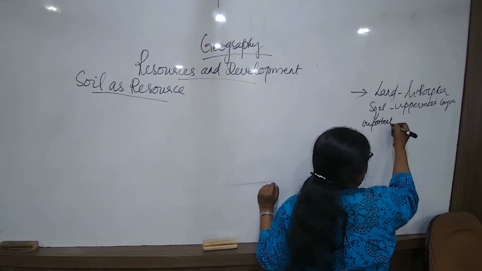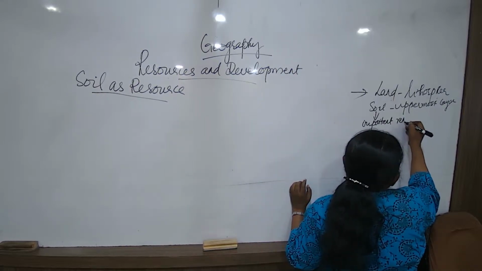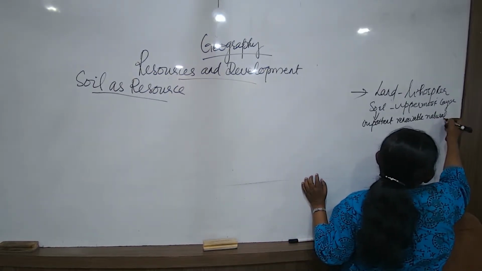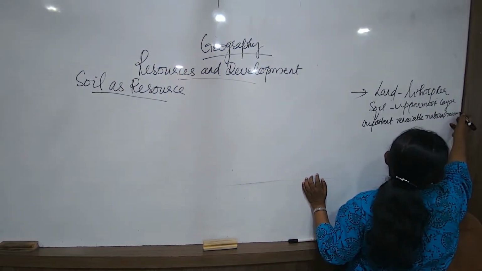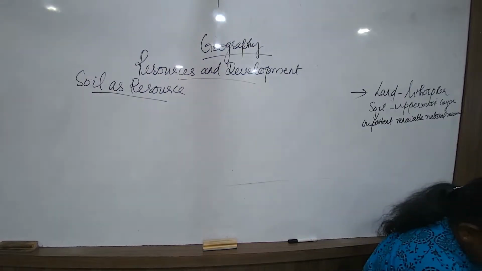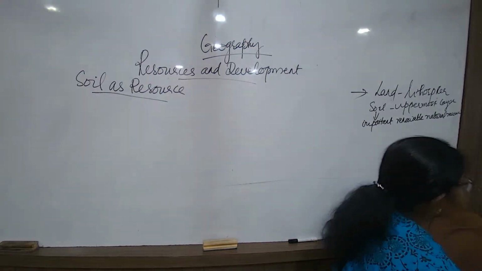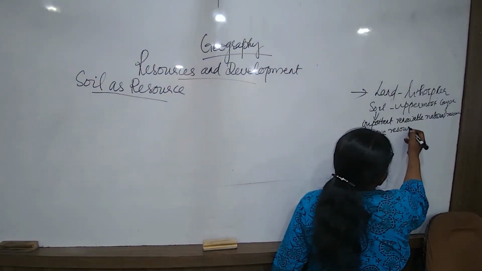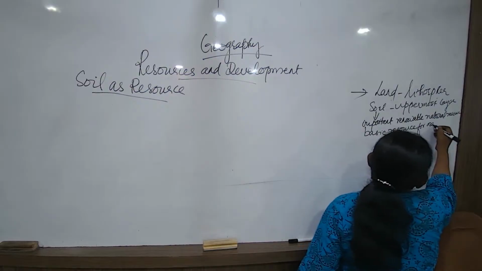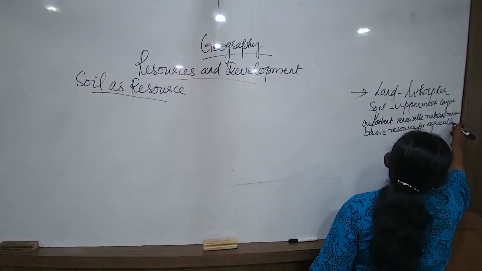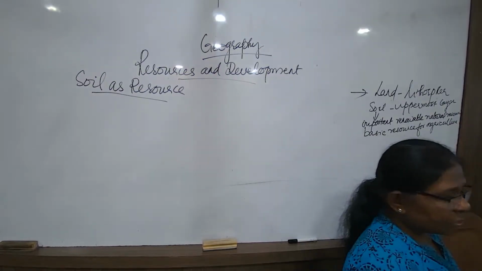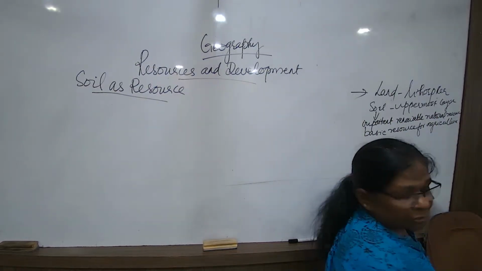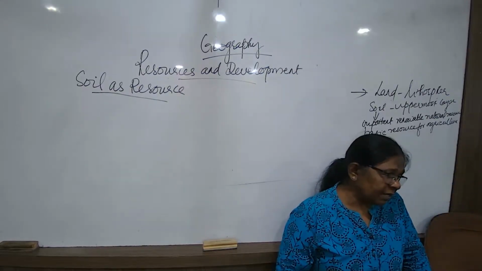Next, basic resource for agriculture. So without the soil, can we do agriculture? No. So it is the basic resource for agriculture.